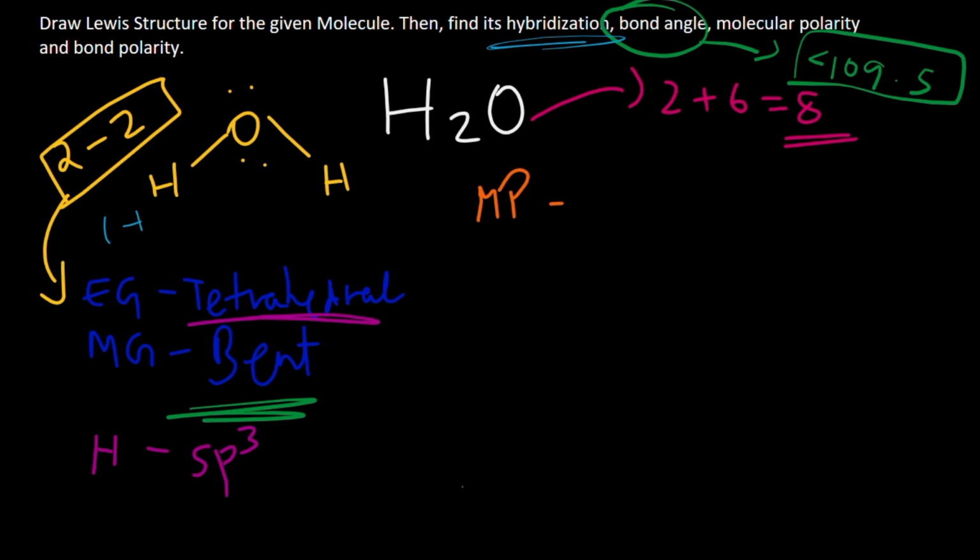Let's first write the partial positive on hydrogens, and oxygen is partially negative. So the dipole moment is now going from positive to negative, so it's going like this, right?